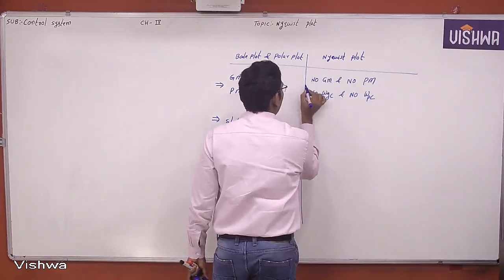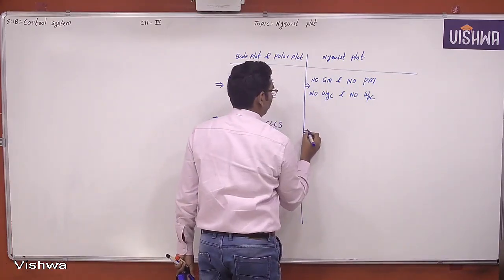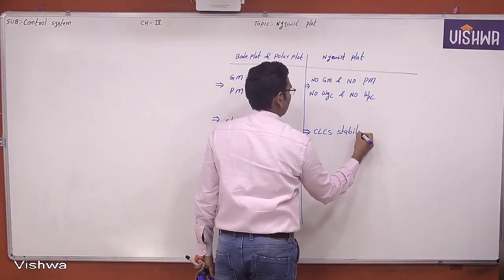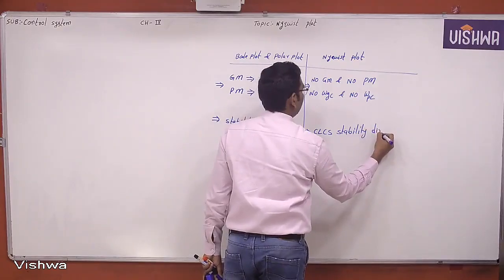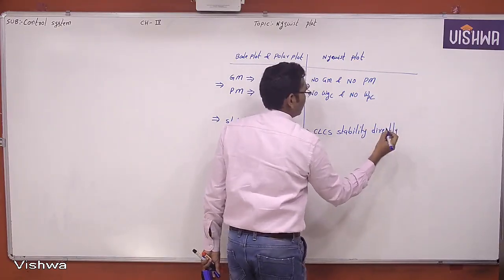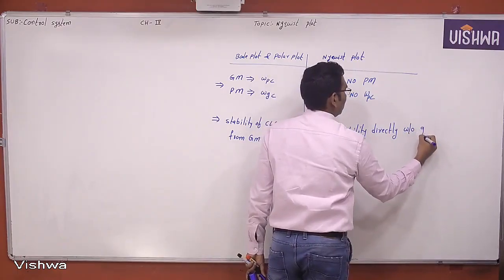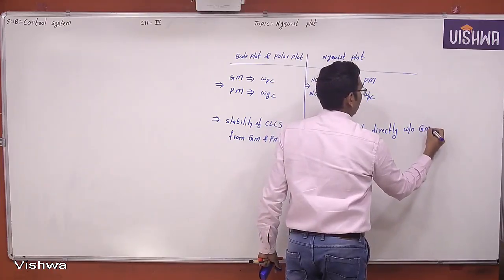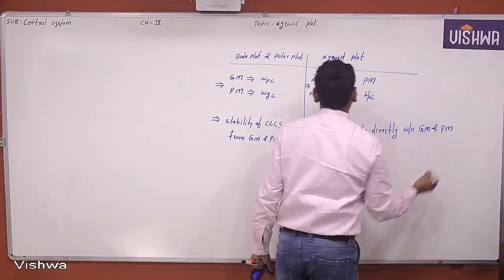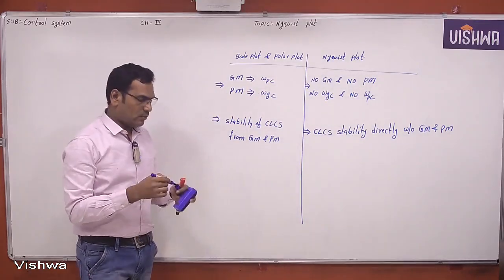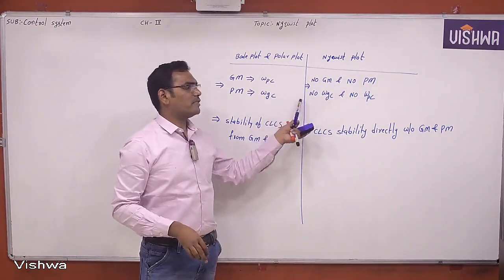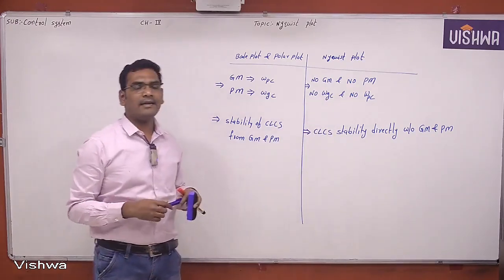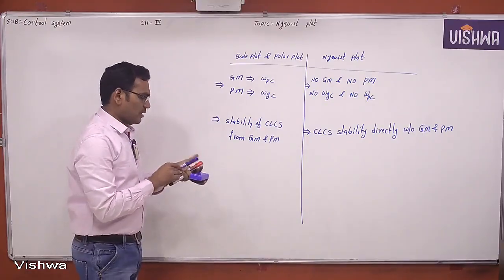But it decides the closed loop control system stability directly, without gain margin and phase margin. This is the main advantage of the Nyquist plot.